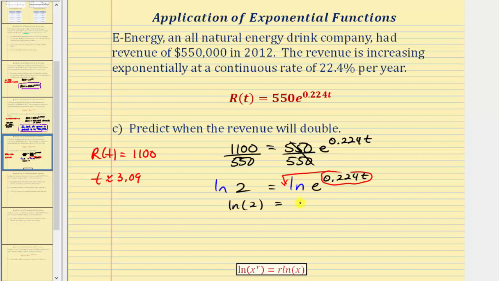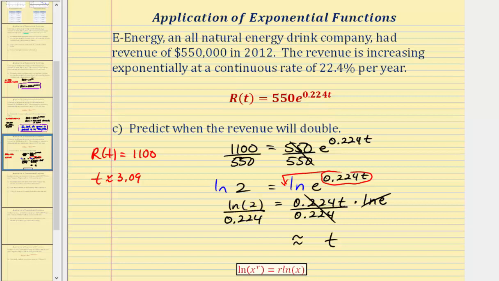So we'd have 0.224t times natural log e, but natural log e is equal to 1, so that simplifies to 1, and therefore to solve for t here, we just divide both sides by the coefficient of 0.224. Simplifying on the right side, we just have t, and now we'll approximate the quotient on the left. Notice how natural log 2 divided by this value here, which is just k, gives us the doubling time.